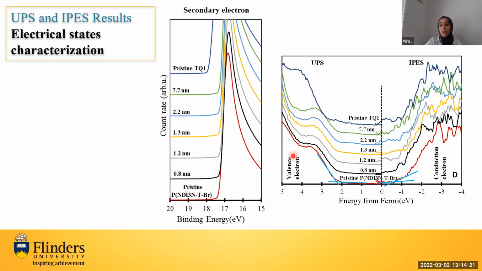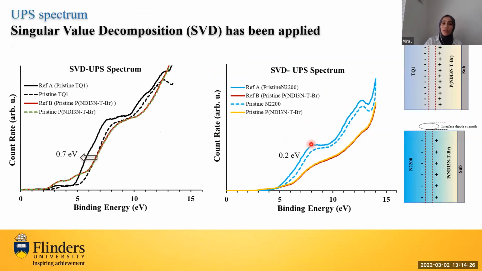To know exactly what's happening in the valence band spectra, we introduced another method, the Singular Value Decomposition algorithm, to decompose all the UPS spectra and get reference spectra that can represent the surface of the samples, and also to get a weighting factor from the UPS spectra, which tells us the fraction of the surface formed by the respective component.